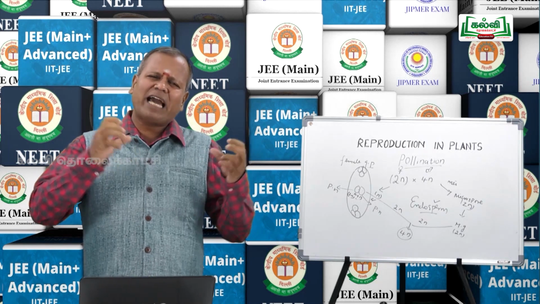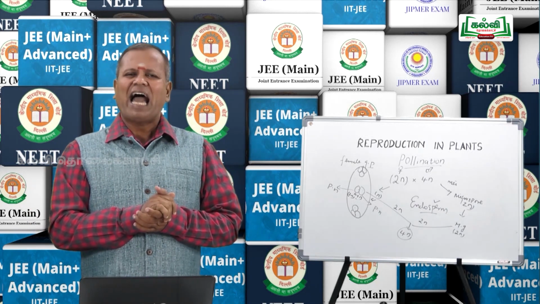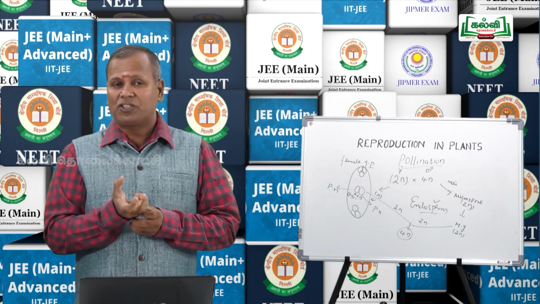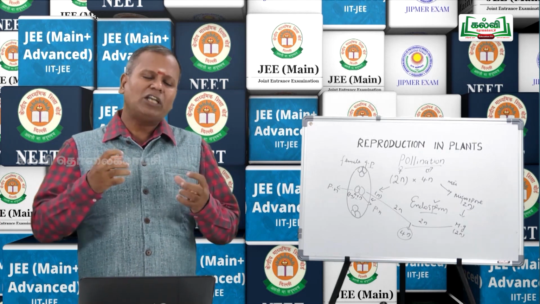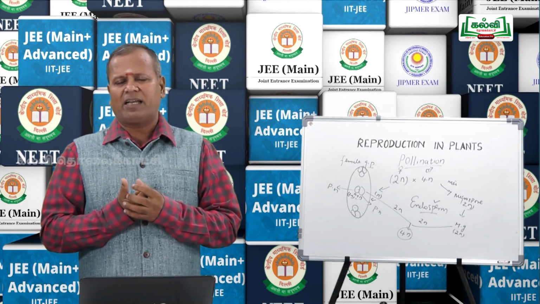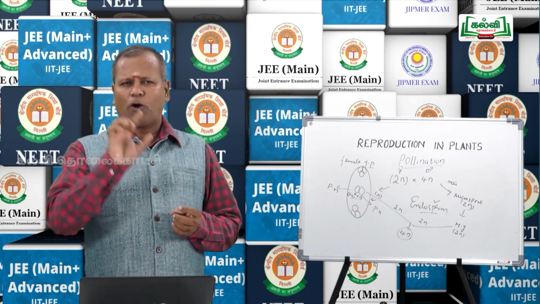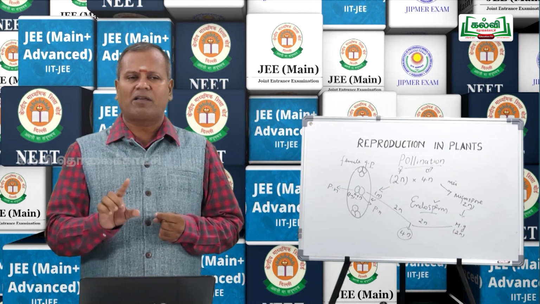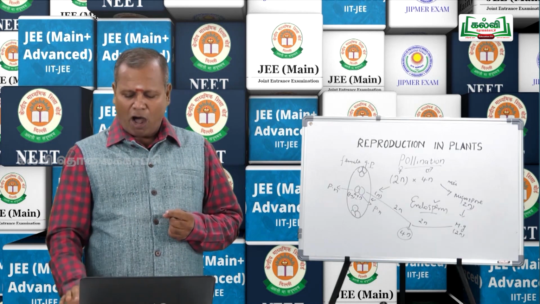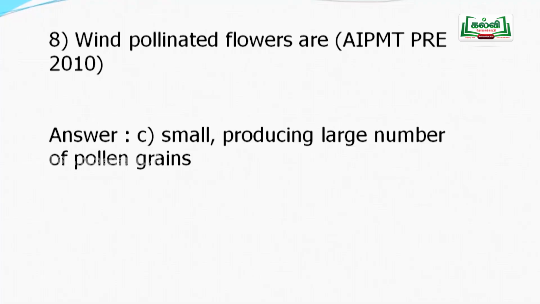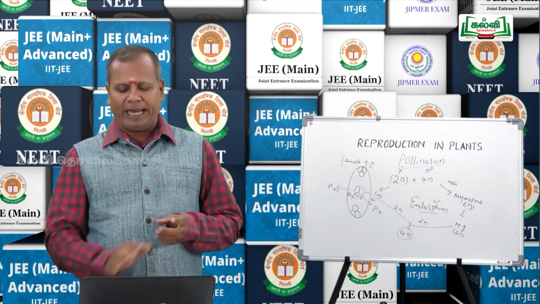Generally, large sized flowers with nectar attract the birds. So, large flowers with abundant nectar usually attract the birds. So, the correct answer for question number 8 is option C, small flowers producing a large number of pollen grains usually favor wind pollination or anemophilous pollination.